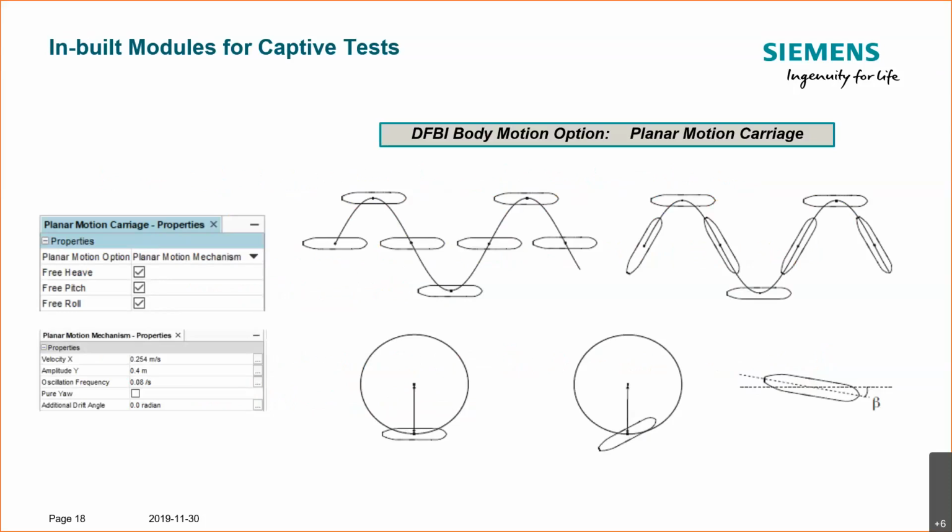You can easily set up pure sway and pure yaw motion tests, rotating arm tests with drift, or a sweep of the drift angle. That's all available through the DFBI module and the DFBI body motion option, planar motion carriage.